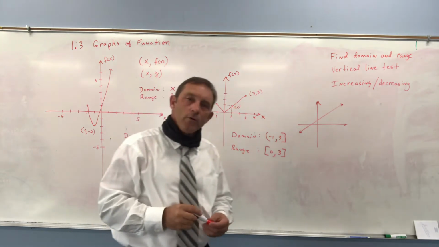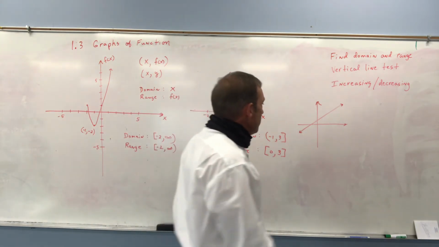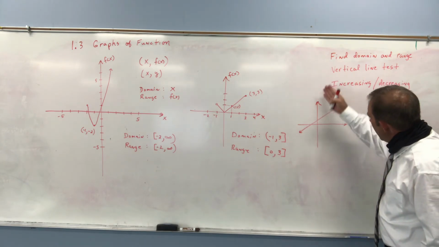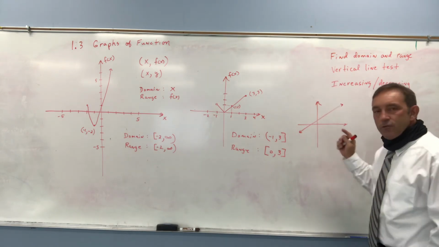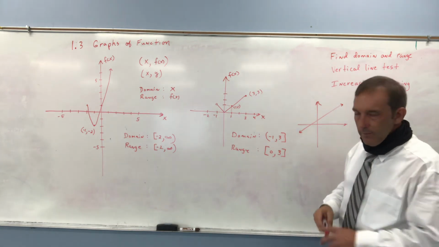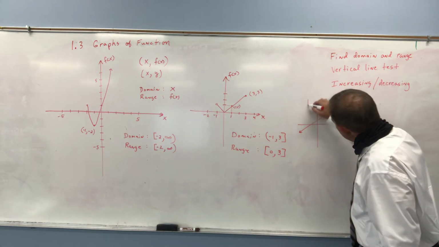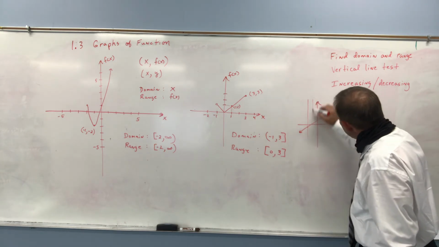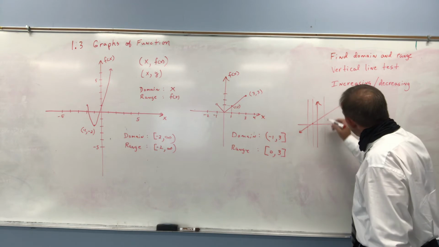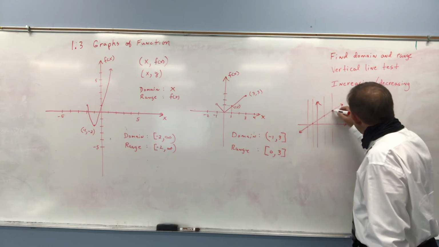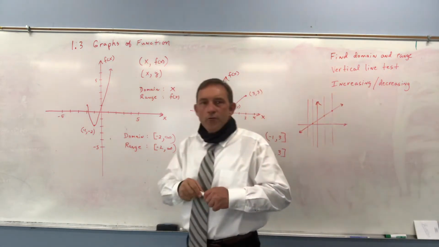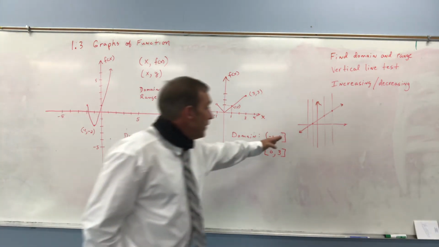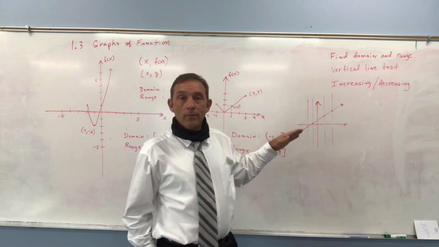Well, to apply the vertical line test, what you have to do is try to determine whether a vertical line could hit this graph in more than one place. So if I just start randomly looking at vertical lines, this one would hit the graph once, this one would hit it once, this one would hit it once, this one would hit it once, and in fact, there's nowhere you could draw a vertical line that would hit this line right here more than once.